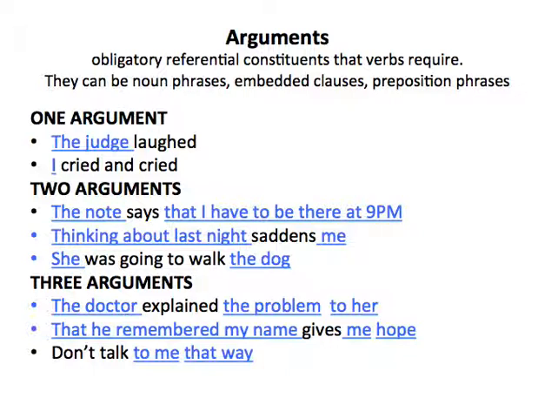And often these particular arguments are implicit. Don't talk to me that way. Now we have the imperative. Okay. Notice that we have an implicit you there. You don't talk to me that way. That makes it a 3-argument verb.